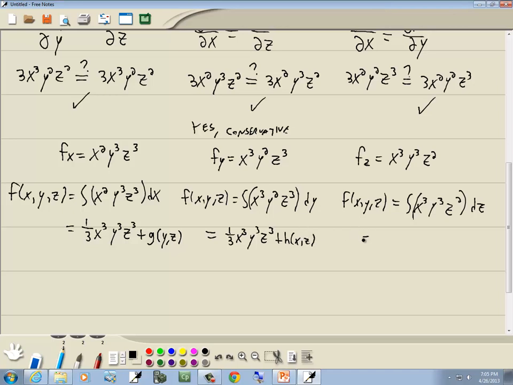And then this one gives us 1/3 x to the third y to the third z to the third, plus, I is probably bad since we have I, J, K, so maybe L of x, y.